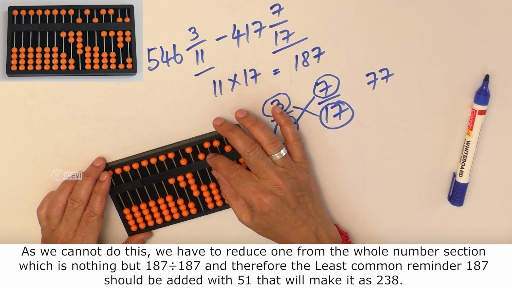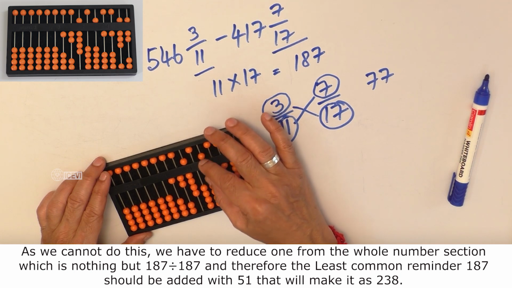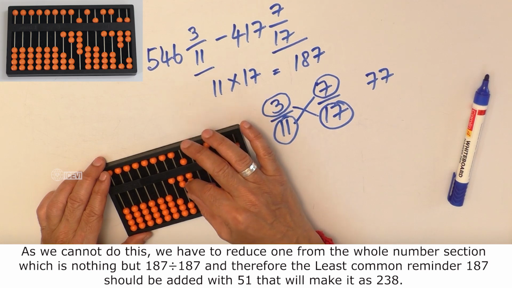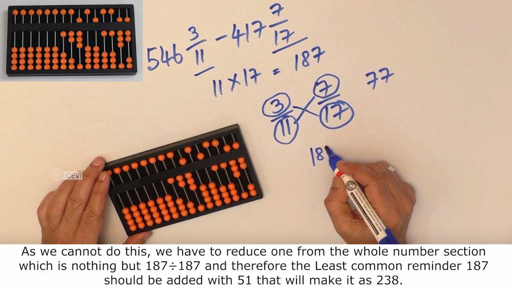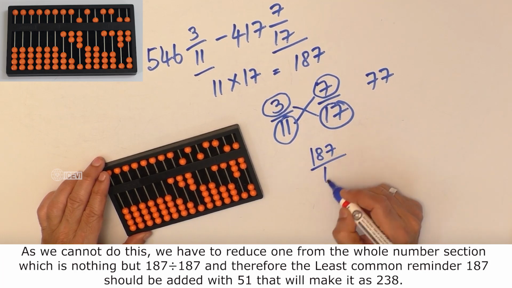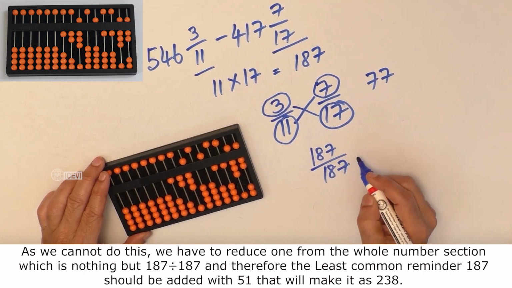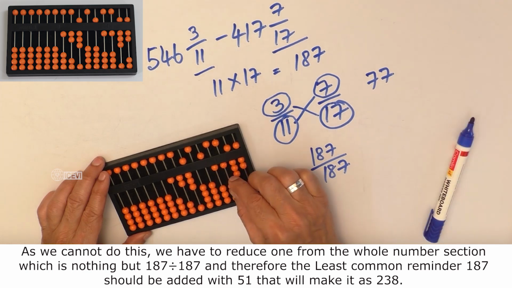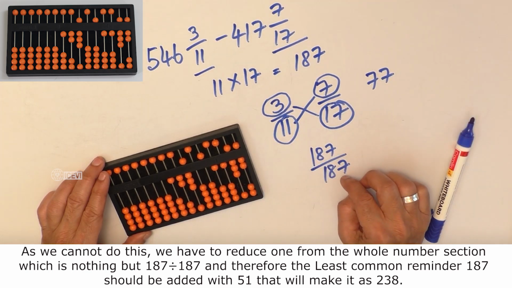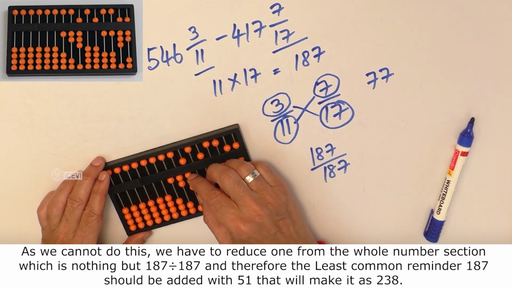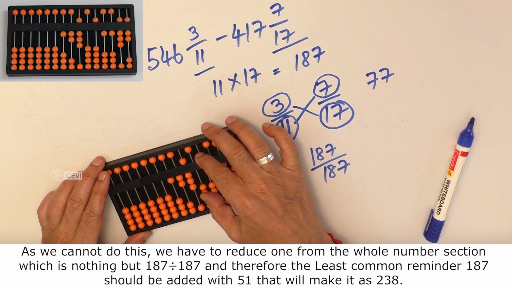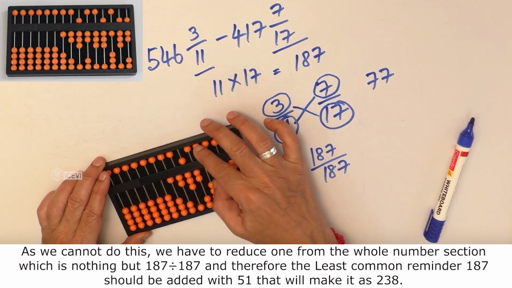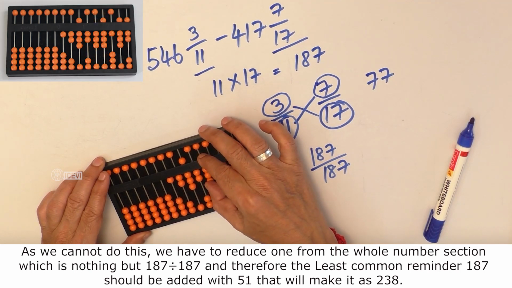As we cannot do this, we have to reduce 1 from the whole number section, which is nothing but 187 by 187, and therefore the least common denominator 187 should be added with 51, that is making it as 238.